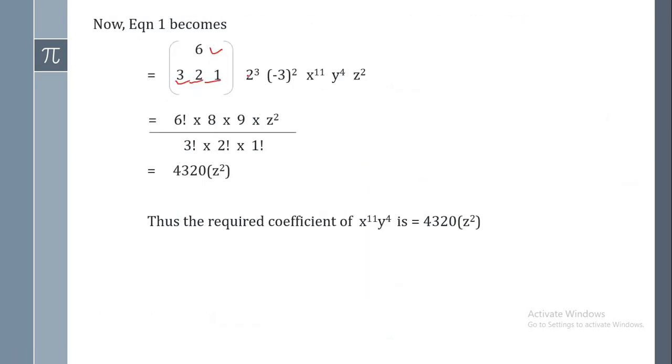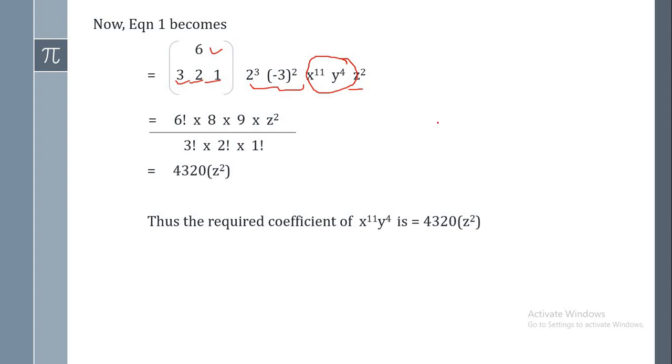So you can see here 2 cube minus 3 whole square, x power 11 and y power 4 and z square. So we got this term, that is x power 11 and y power 4, and the remaining terms will become its coefficients.